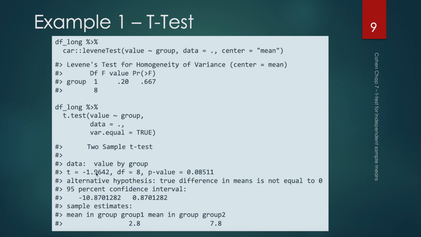And here you can see the t statistic, your degrees of freedom, and the p-value. It also tells us the 95% confidence interval, which here is saying we're 95% confident that the true difference between the two means is between -10 and 0.87. The mean in group 1 is 2.8 and the mean in group 2 was 7.8.